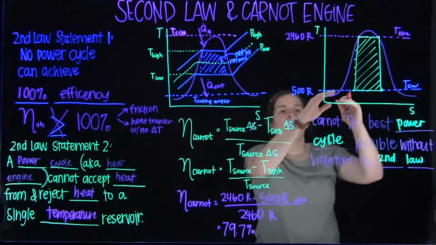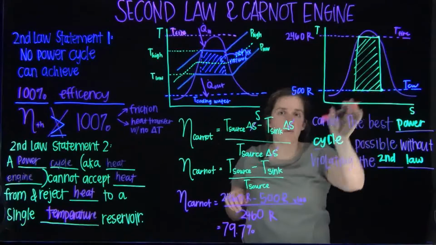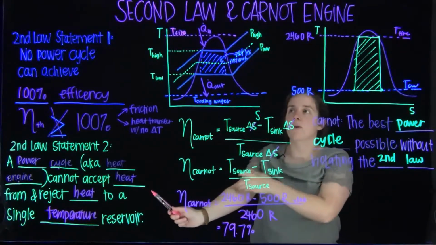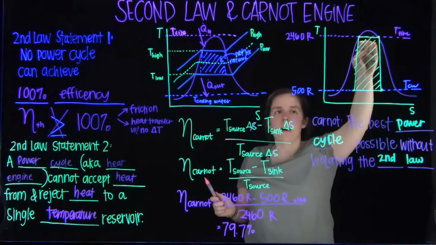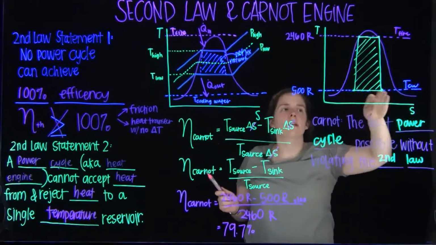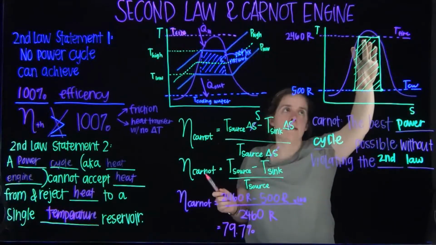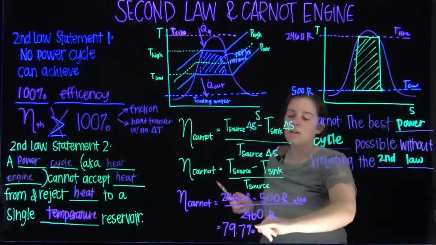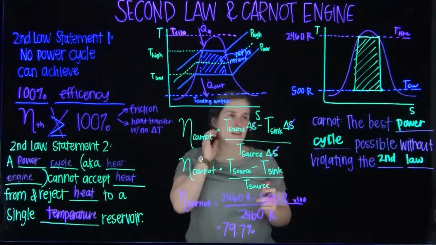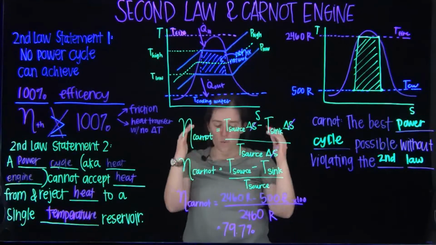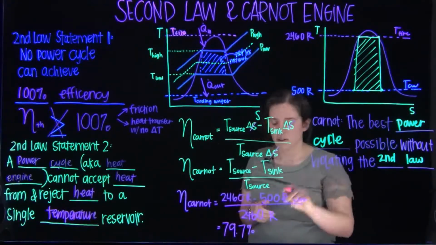So if we maximize our temperatures between our source and our sink and get all of the net work possible between these, so basically we're taking our boiler up to the temperature exactly of the fire, and we're taking our cooling water exactly to the temperature of the cooling water to get that maximum amount of area, we're still only running 79.7% efficiency.